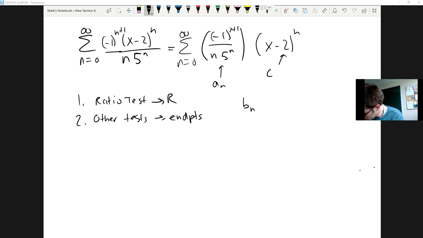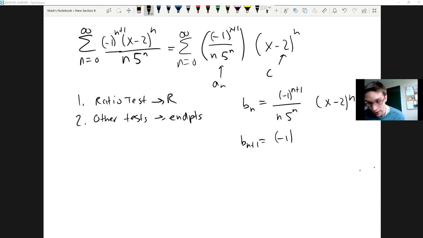I'll write down my b_n and my b_(n+1). So (-1)^(n+1) over n 5^n times (x minus 2)^n. And then the next term will be (-1) to the, now I have to replace n with n plus 1, so I'll have n plus 2, over (n+1) 5^(n+1), times (x minus 2)^(n+1).